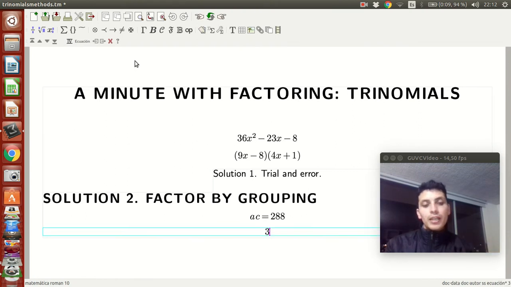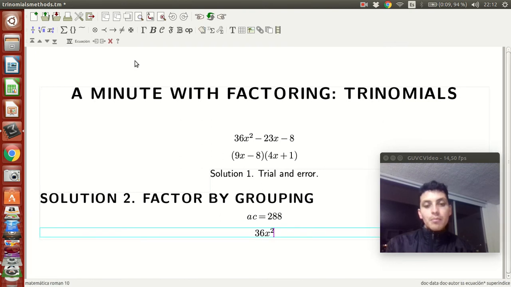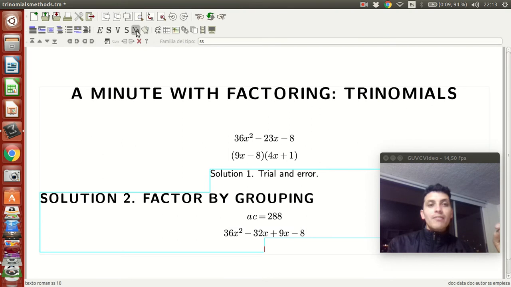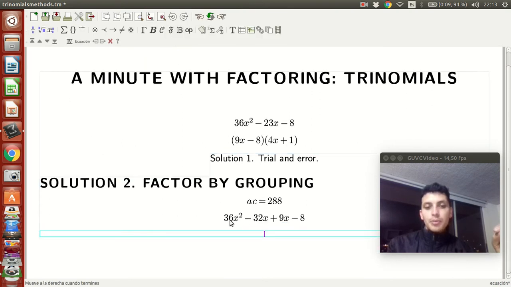I'm just going to write now the polynomial using b as negative 32x plus 9x, that is negative 23x, minus 8. And now I'm going to apply factor by grouping. So what is the GCF here?